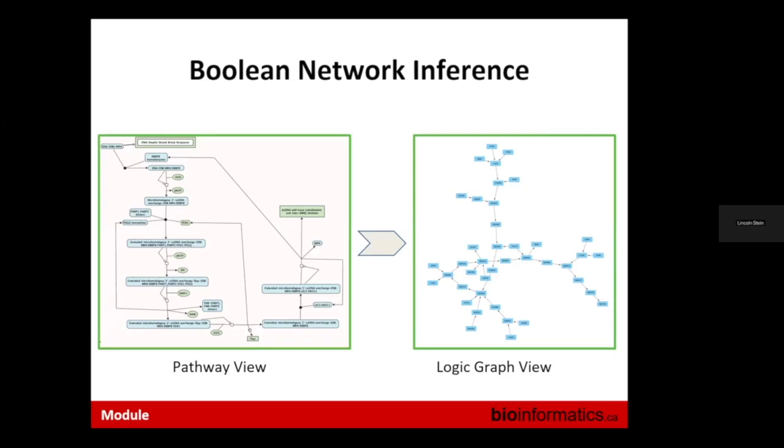We'll say they're genes. They can have positive relationships and negative relationships, and then there is math which deals with what happens when a positive and a negative relationship come into the same node. Who wins out? And then there's simulation software, which will allow you to do what-if experiments.